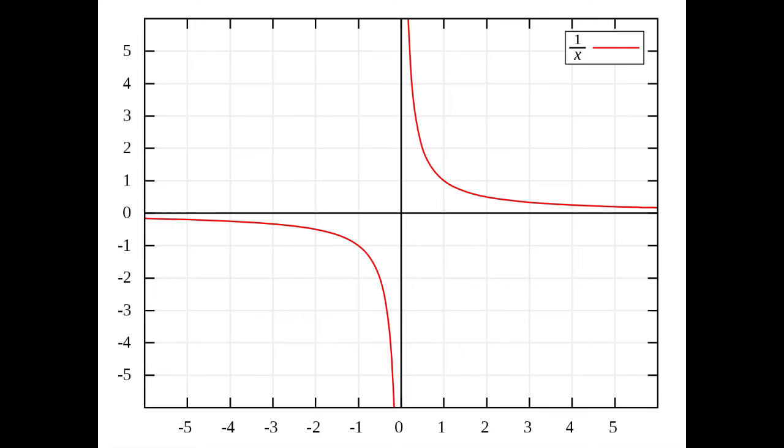In essence, this image is a pretty good representation of what happens when you divide by smaller and smaller numbers. This is a simple example to understand. Simply put, 1 divided by 0.1 is equal to 10, 1 divided by 0.01 is equal to 100, 1 divided by 0.001 is equal to 1,000, so on and so forth, in both positive and negative numbers.